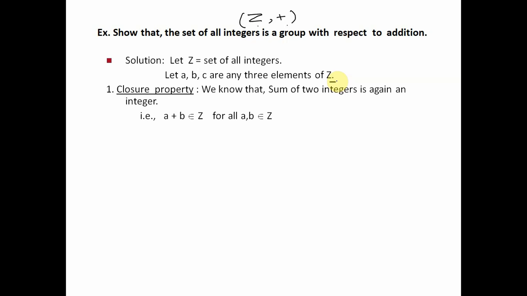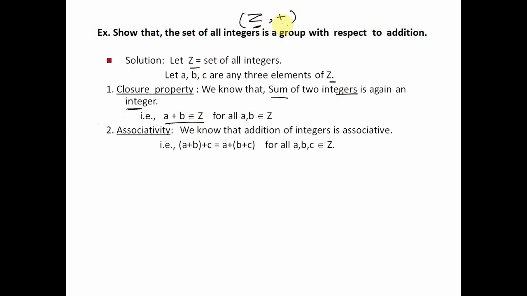So I'll be using those properties to verify whether this algebraic structure is a group or not. First of all, let's talk about the closure property. By knowing the property of integers, we know that the sum of any two integers is also an integer. So if a and b belong to the set of integers, then a + b is also an integer. Therefore the set of integers is closed with respect to addition. That means the closure property is satisfied.